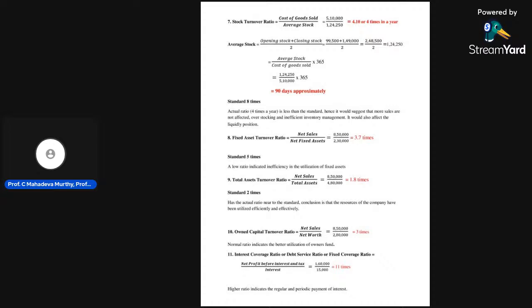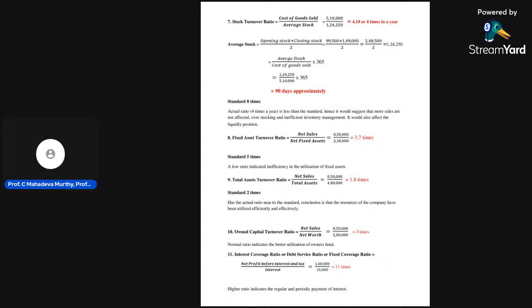See the income statement, there we calculated cost of goods sold as 5,10,000. Then 5,10,000 divided by 1,24,250 is 4.10, or if you round off, 4 times in a year. Stock turnover is 4 times a year. That is the meaning of that.